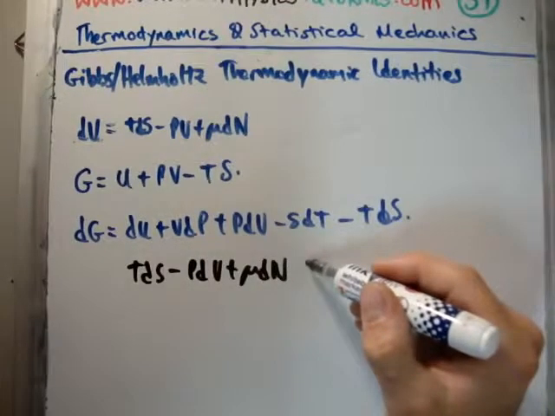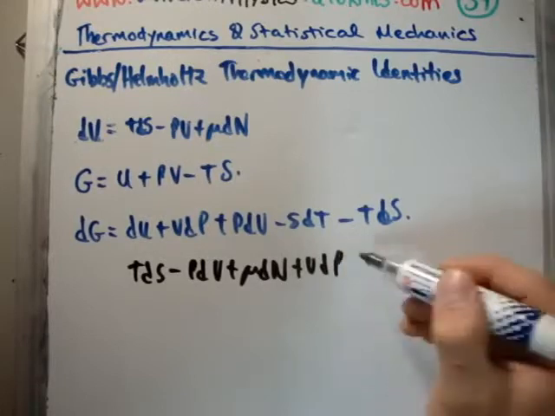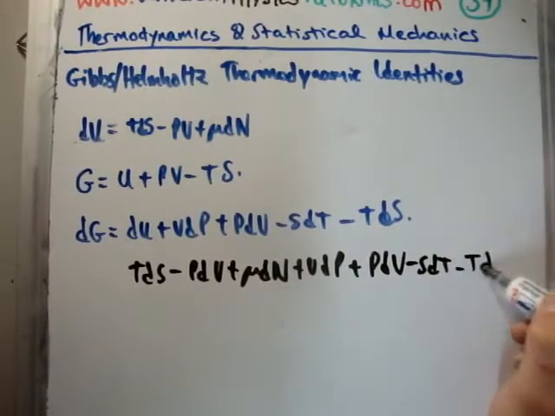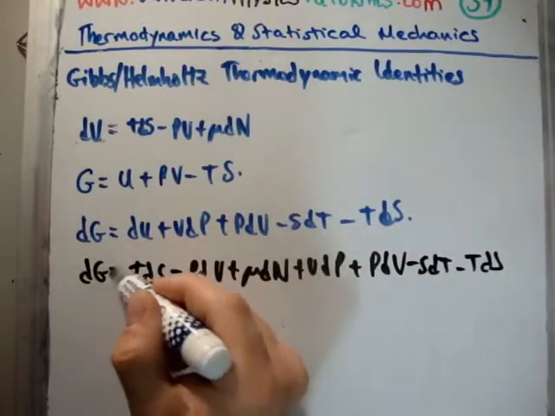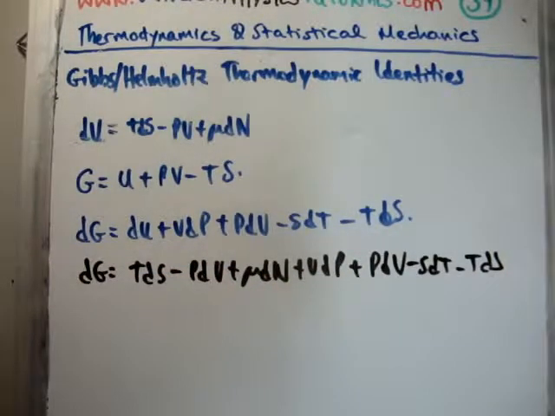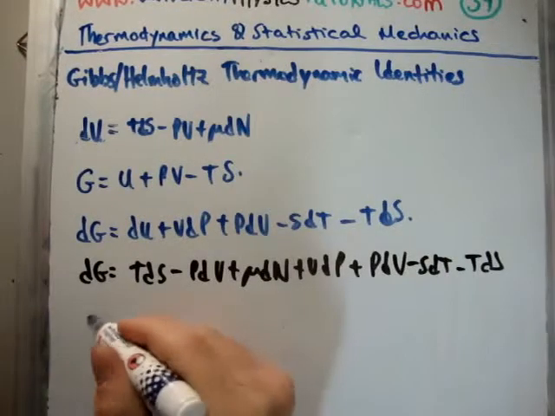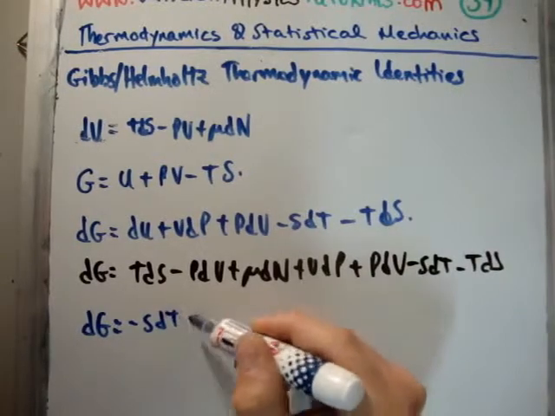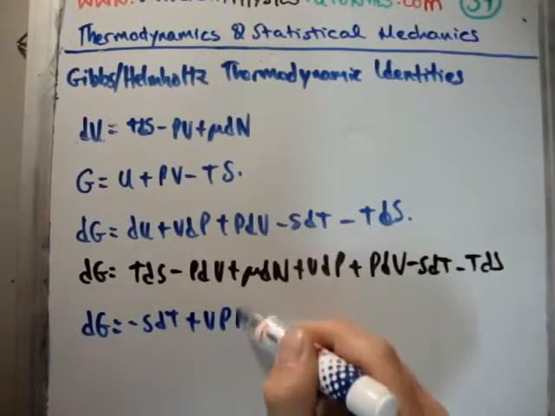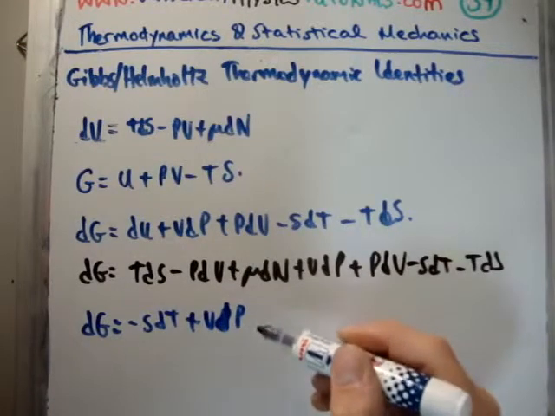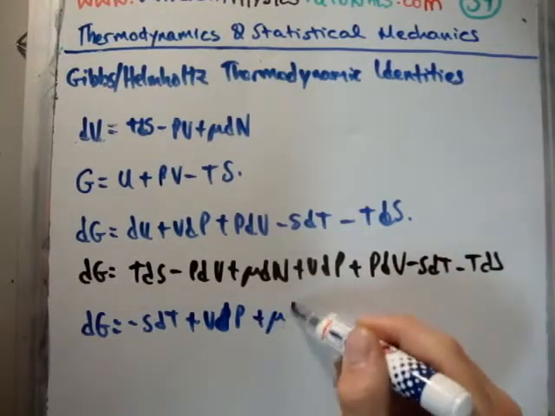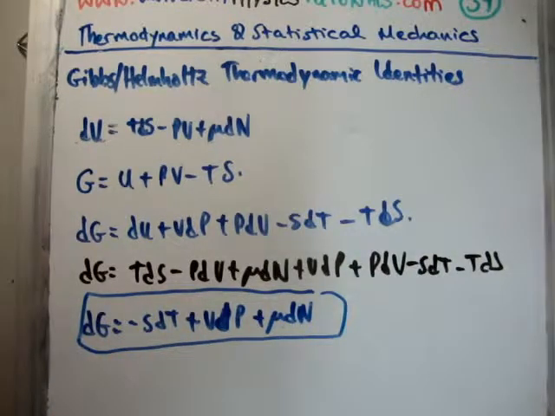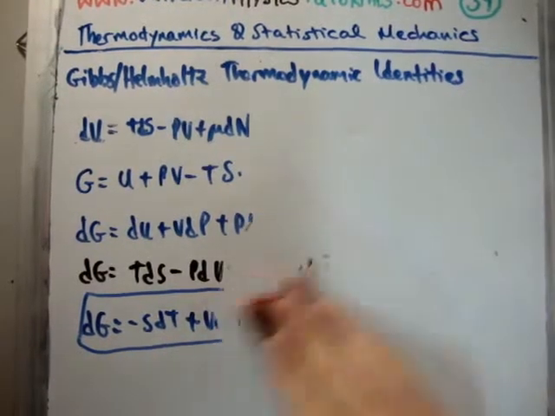We're still going to have our other terms of VdP plus PdV minus SdT minus TdS. That's going to give us the infinitesimal change in the Gibbs free energy. Putting it all together, the infinitesimal change of the Gibbs free energy is minus SdT plus VdP plus mu dN. Simple.